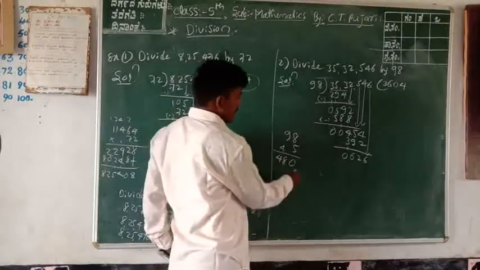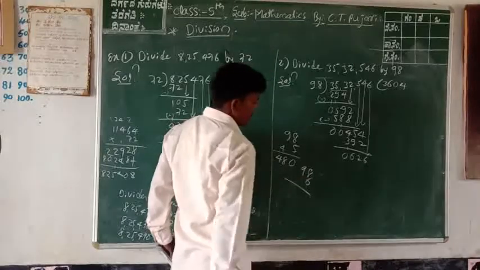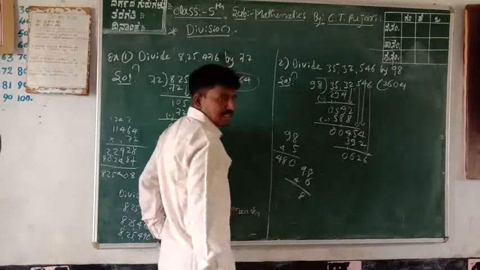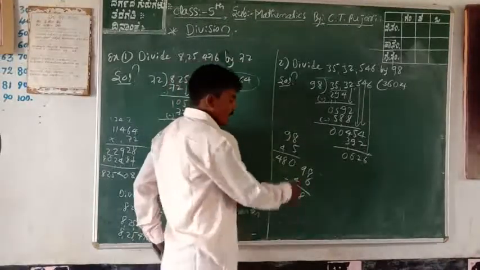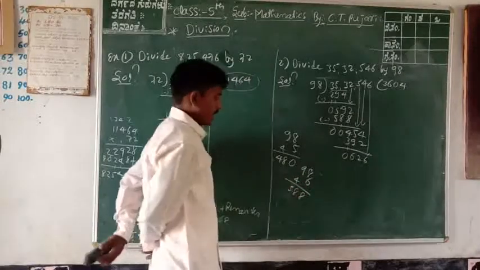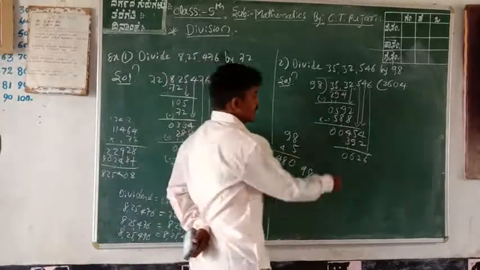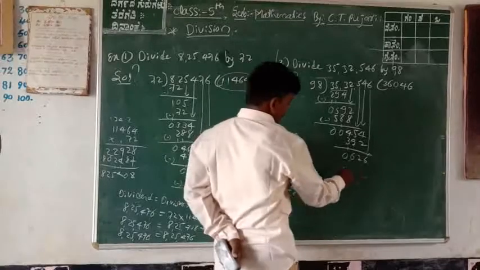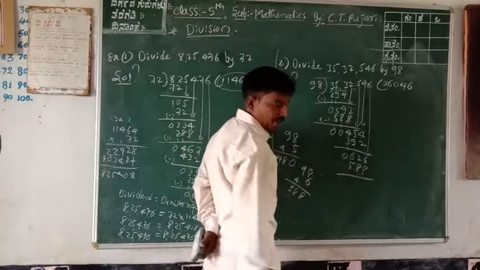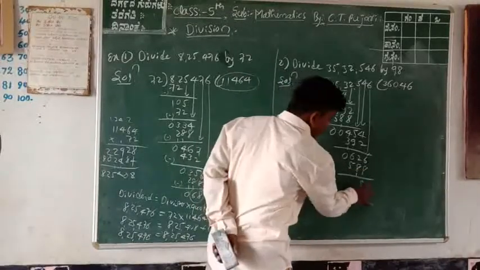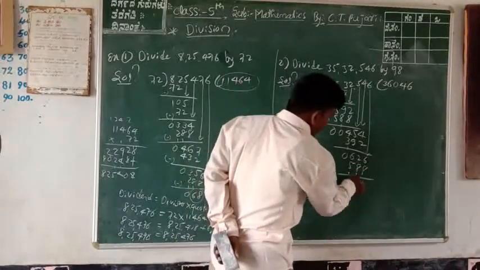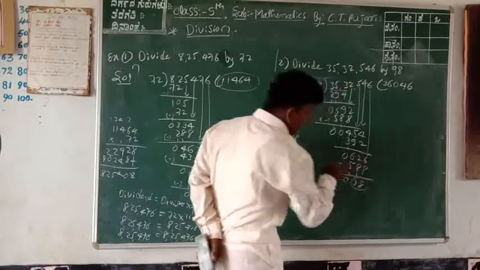You can take 6. 98 6s are 6 8s are 48. 6 9s are 54. 54 plus 4 is 58. Next, 588. Remainder: 6 minus 8 is impossible. You can take carry 1. That is 16 minus 8 is 8. Next you can take carry 2. That is 12. 12 minus 9 is 3. Remainder is 0. Therefore your remainder is 38.